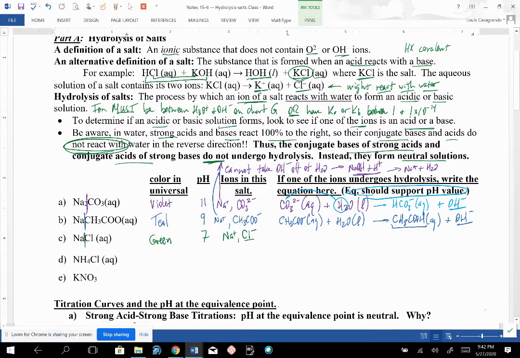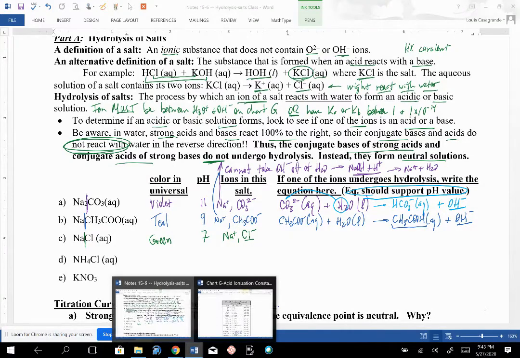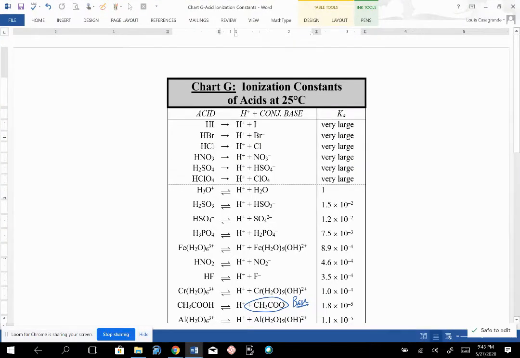Now, you know now that chloride is the conjugate base of a very strong acid. But let's go to chart G just to show you how this works. Chloride is up here at the top. Chloride is the conjugate base, but notice this reaction only goes in one direction. This reaction does not go in the reverse direction.